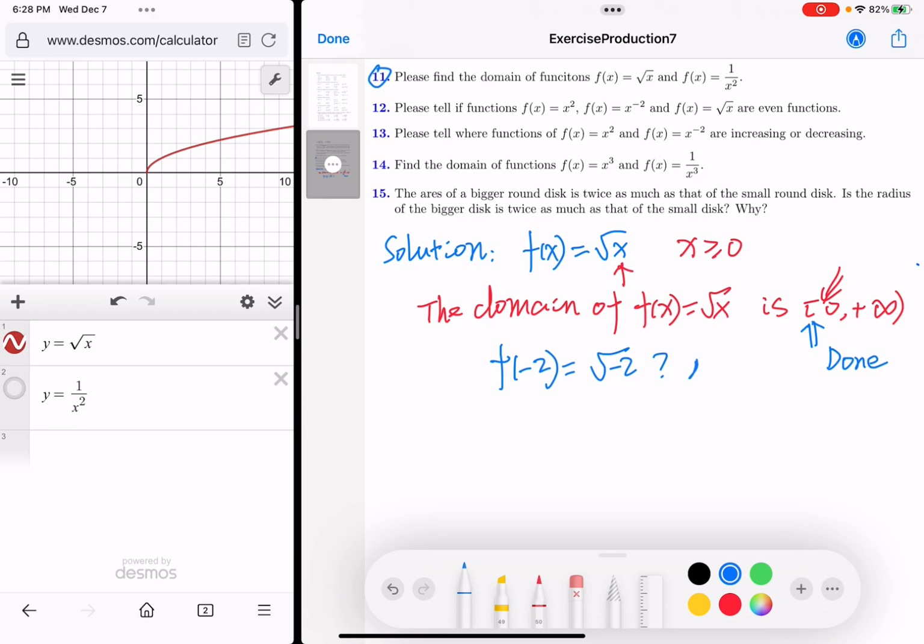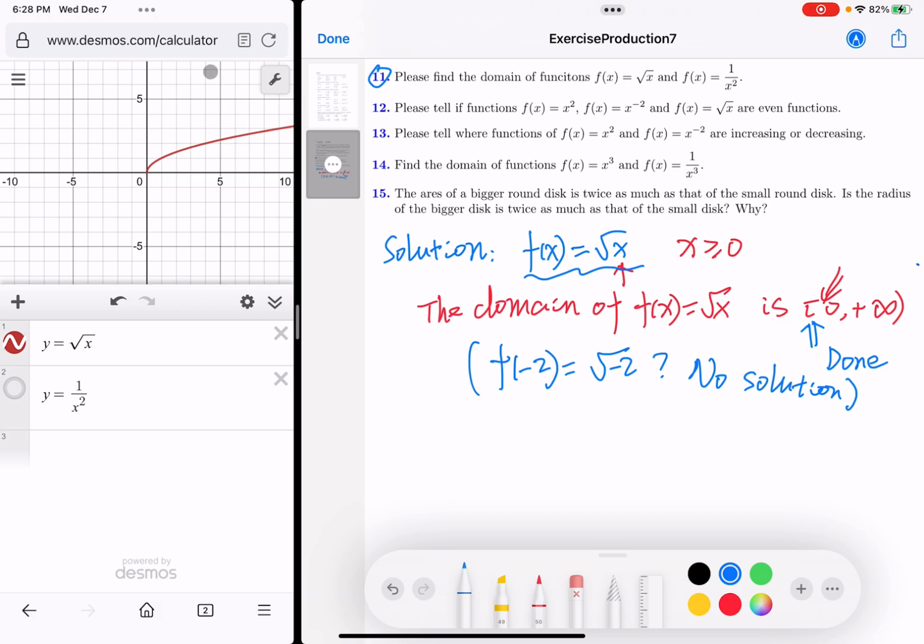No solution. It does not make sense. Okay? So that's the reason. All right? So that's the answer for this one.